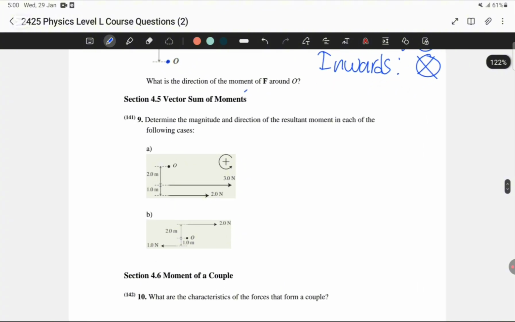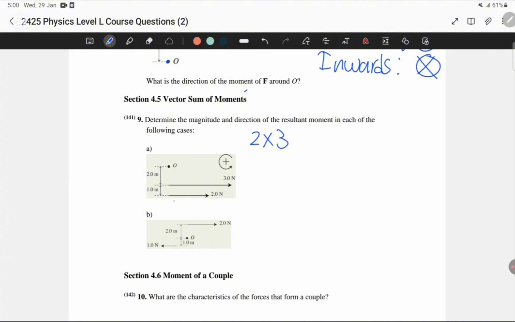Okay, here is simple as well. You're going to have to add the two moments. You need to find the net moment here. So for the first one, it's simple. They're both counterclockwise, as we can see. The perpendicular distance is 2 meters, so 2 times 3.